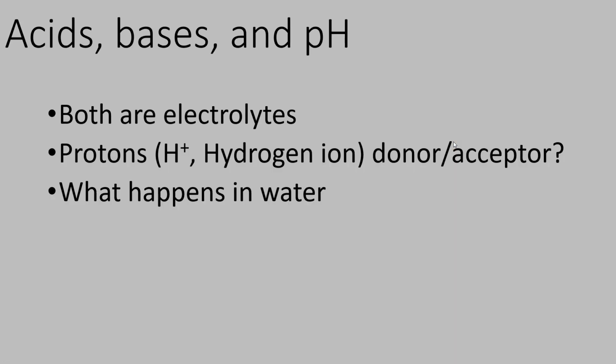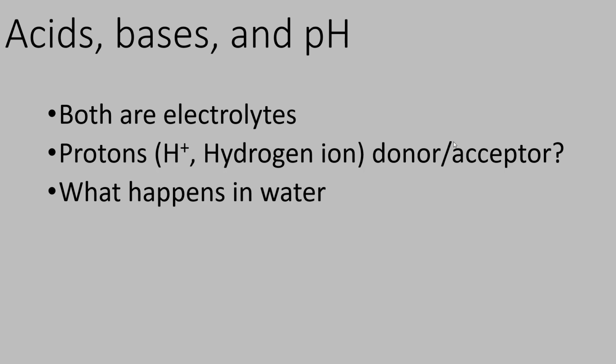Now let's change gears a little bit and talk about acids and bases and pH. So we all have heard about acids and bases. Some of us know what they are, some of us don't, but let's talk about what acids and bases actually are. Now, both acids and bases are electrolytes.